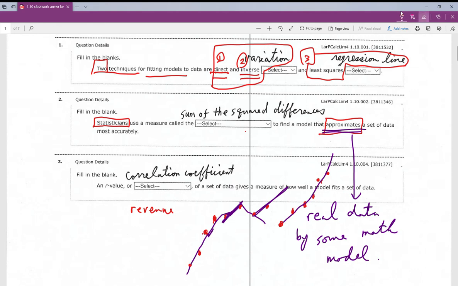Now let me erase those marks right now, and I would like to give you some more examples here.